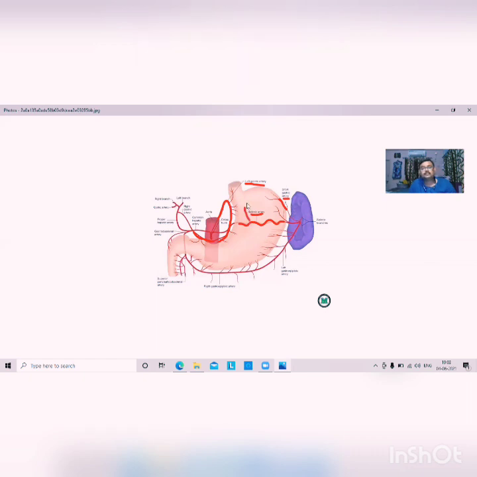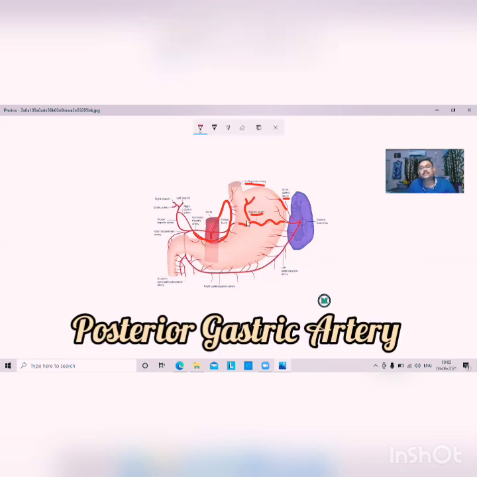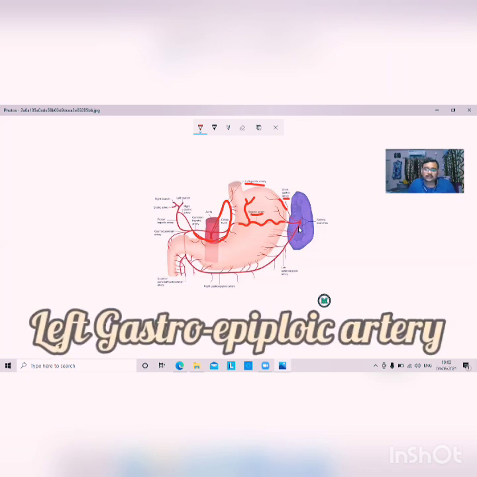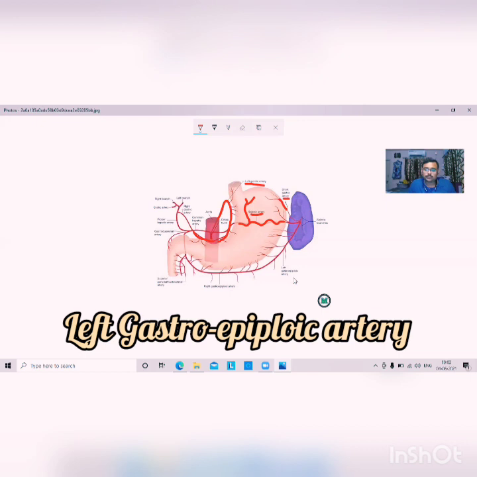Sometimes there are a few branches which are called the posterior gastric artery, which arise from the splenic artery and supply the posterior aspect of the fundus of the stomach. Along the greater curvature of the stomach, another branch is the left gastroepiploic artery.